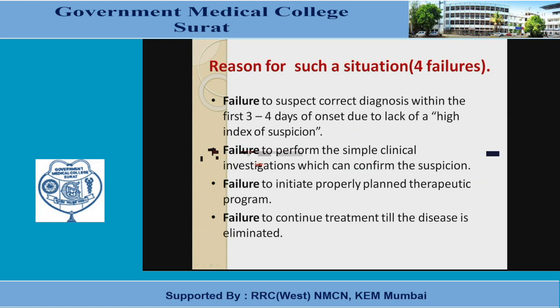If we fail in that, it may end up in a later diagnosis leading to chronic osteomyelitis. Second is failure to perform simple clinical investigations, which we have seen in acute osteomyelitis. They are highly specific and can guide us to the proper diagnosis. Then failure to initiate a properly planned therapeutic program, and failure to continue treatment until the disease is eliminated.